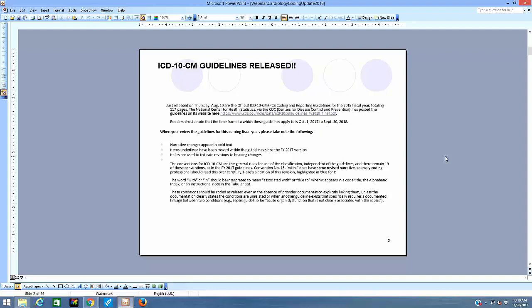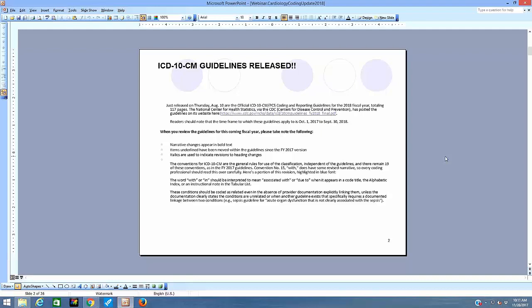So for example, convention number 15 has the quote-unquote "with." That's some revised narrative. Every coding professional, when you read it over, you'll see highlighted in blue font the word "with" or "in" is interpreted to mean "associated with" or "due to," and it appears in the code title, the alphabetical index, or an instructional note in the tabular list.